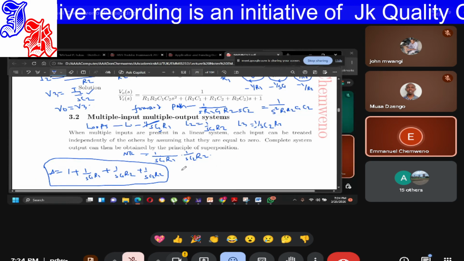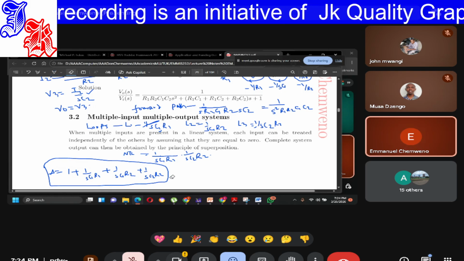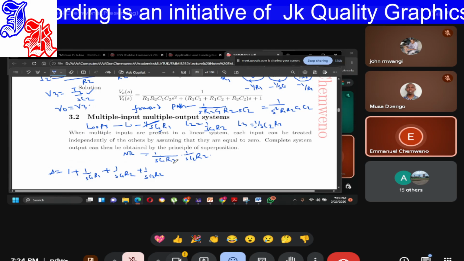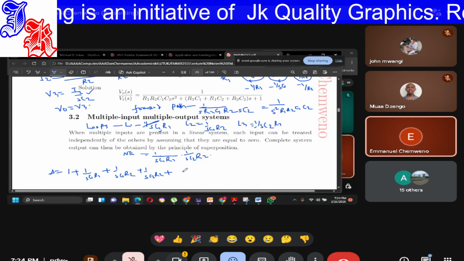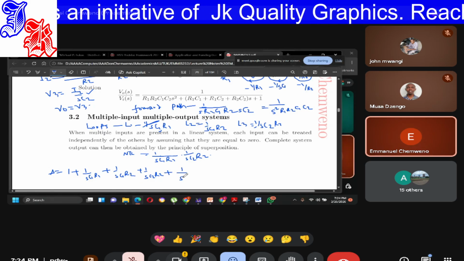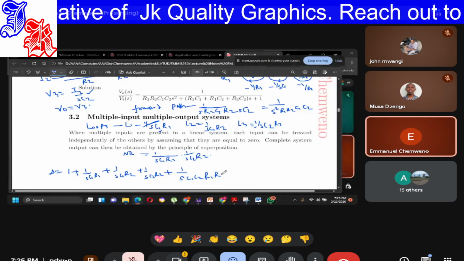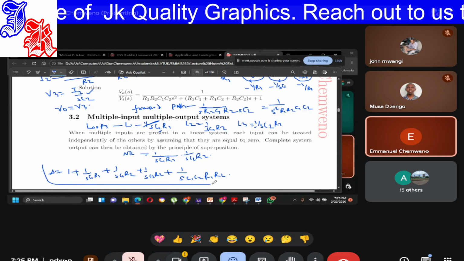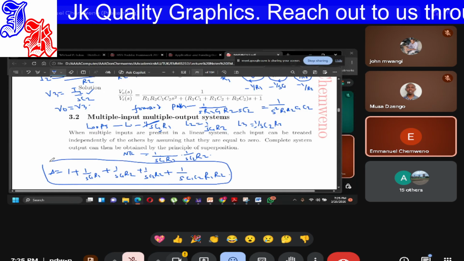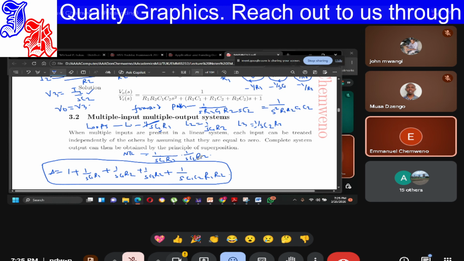Then there is the non-touching loops, plus this 1 over S squared C1 C2 R1 R2, because you have a set of non-touching loops.